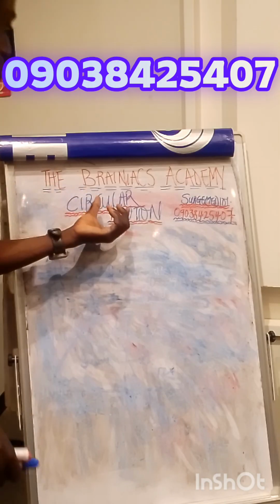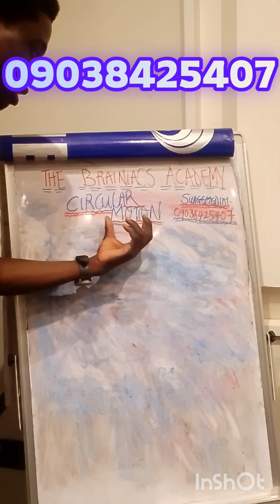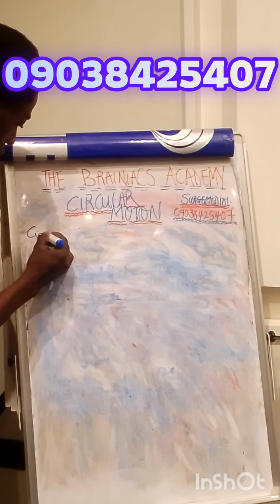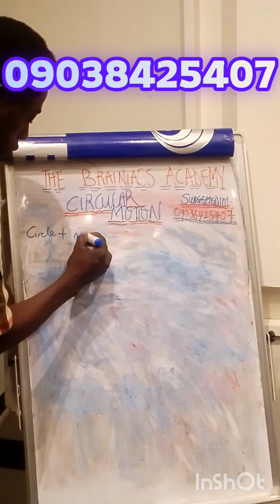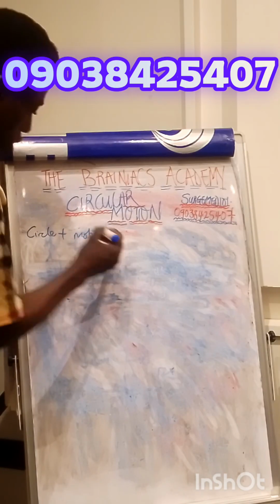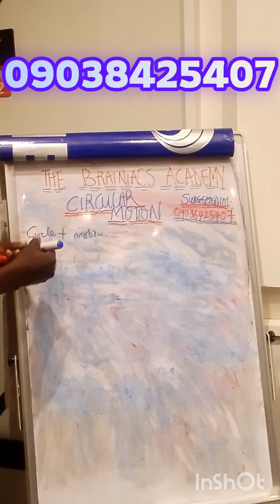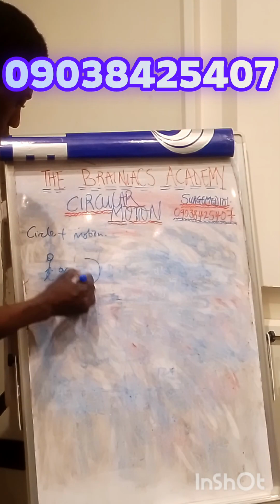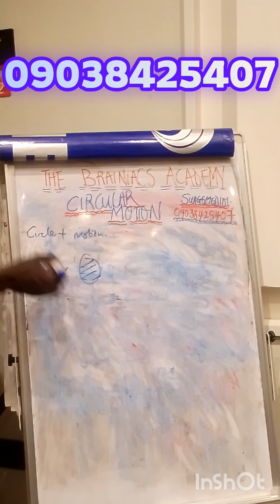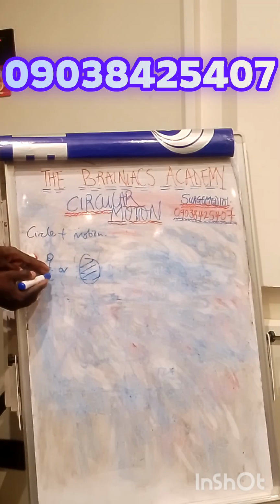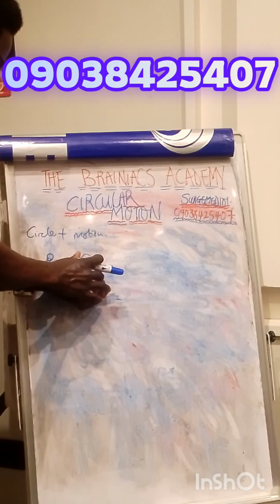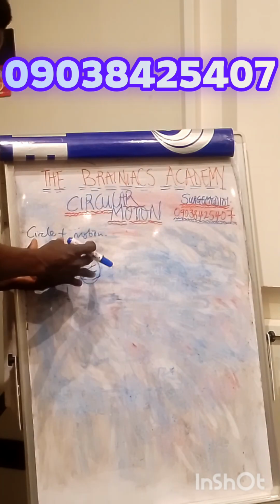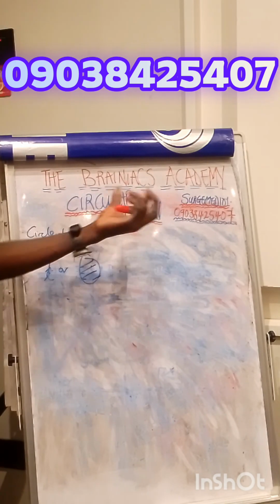Alright, what is circular motion? Just as the name implies, circle plus motion. So the motion of a body or an object in a circular path is what is referred to as circular motion.